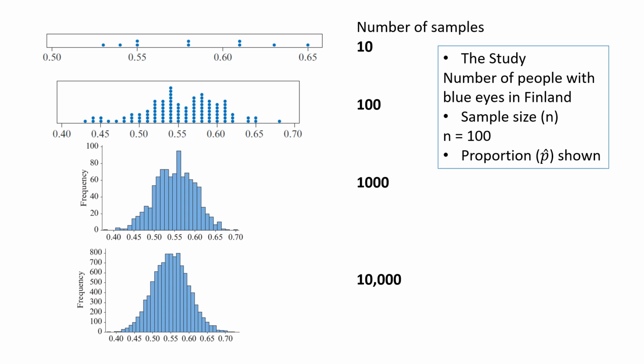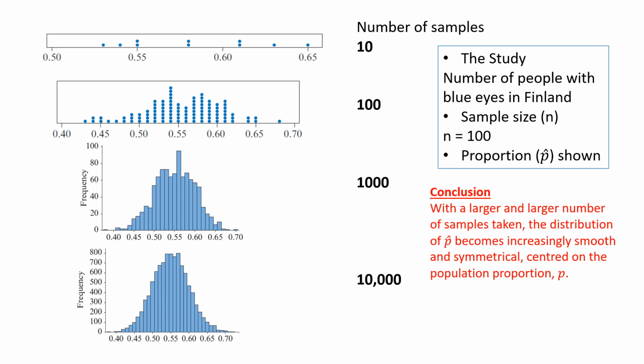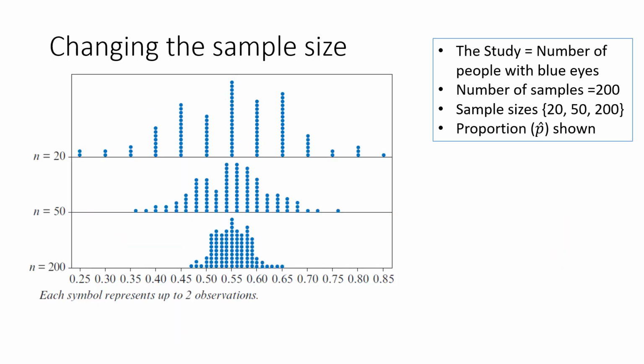And of course with 10,000 we get an even smoother shape. So with a larger and larger number of samples taken, the distribution of P hat becomes increasingly smooth and symmetrical and centers on P, the population proportion. Okay, so what other factors could help us gain an insight into P, the population proportion, as drawn from samples?